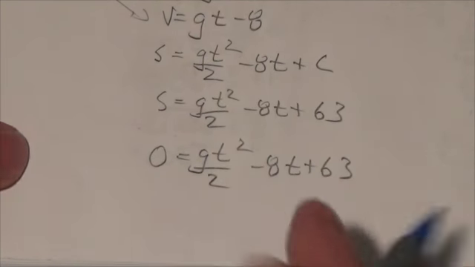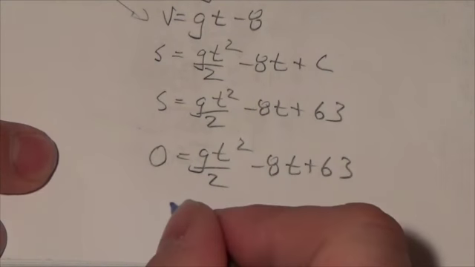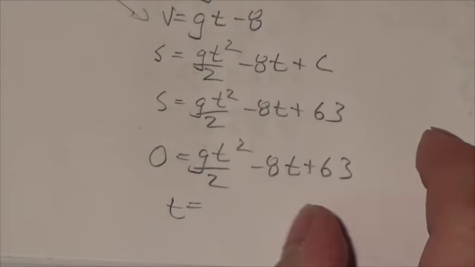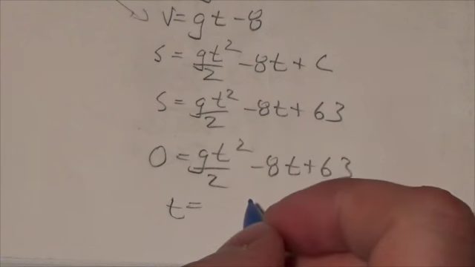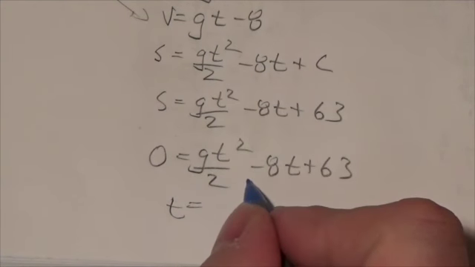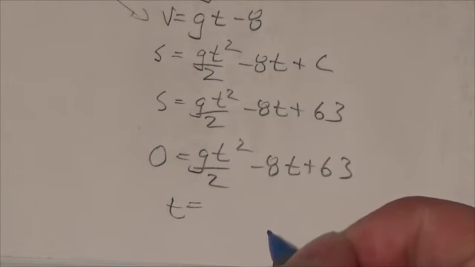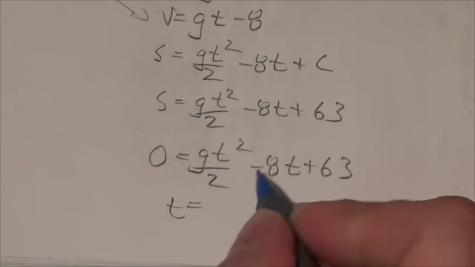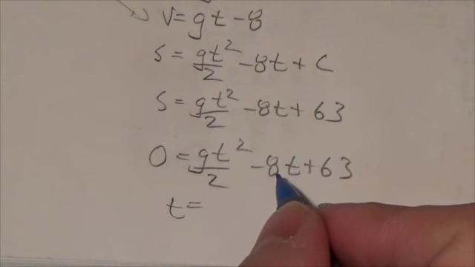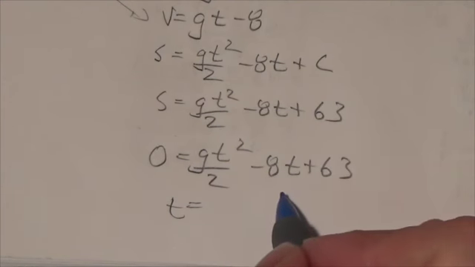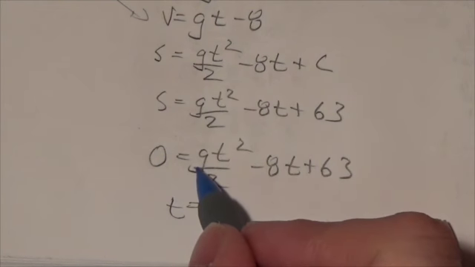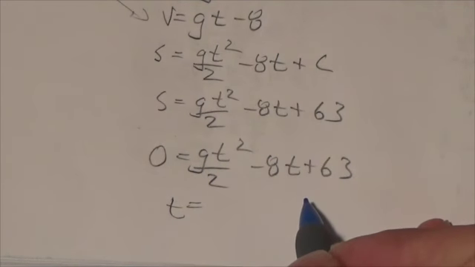So now I'm going to use the quadratic formula, and I'm just going to do this on my calculator here. The quadratic formula is going to be the negative of -8, so it'll be plus 8, plus the square root of -8 squared, which will be 64, minus 4 times, now here's where this gets a little bit weird, 4 times a, which is going to be -9.81 divided by 2, times 63.